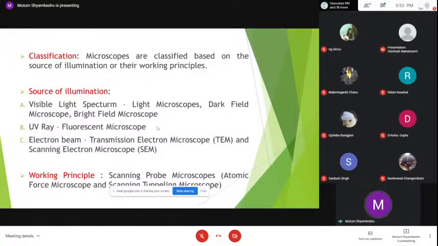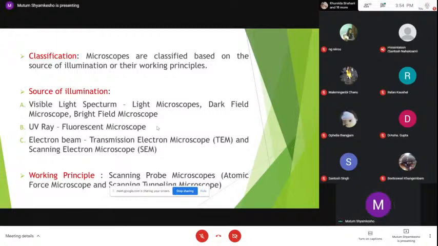In the atomic force microscope, which is again used for examining the surface of a material or specimen, the specimen is scanned in a square raster manner by a very, very fine tip of a silicone chip.